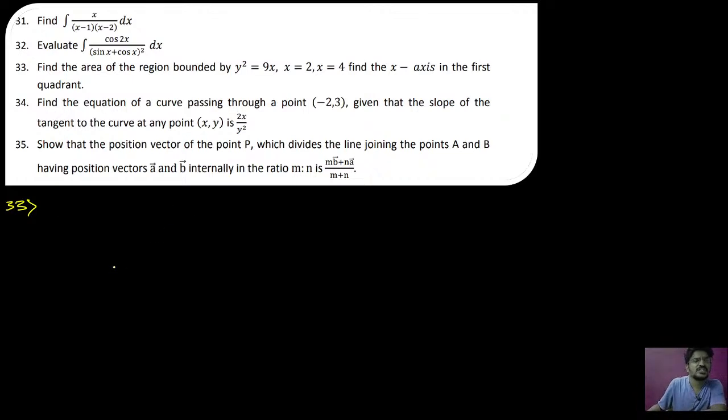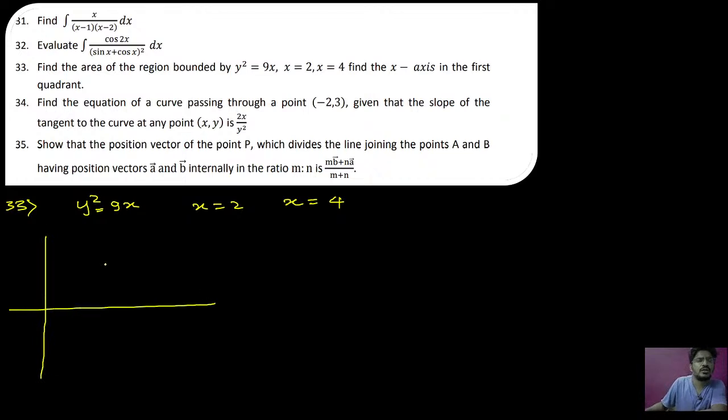Now let us go for problem number 33: find the area of the region bounded by y square equal to 9x, x equal to 2 and x equal to 4. No problem. Here we shall draw the curves, that is y square equal to 9x.